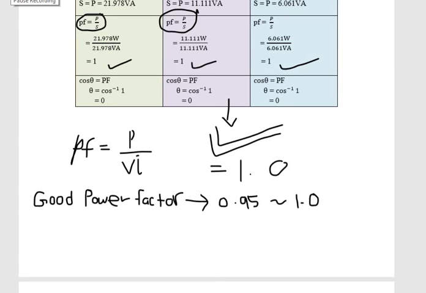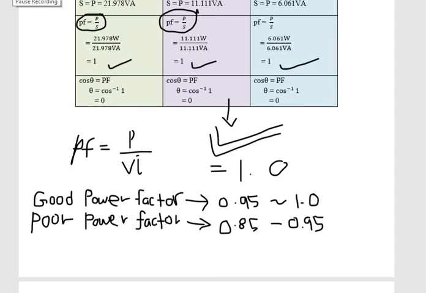The power factor classification can be divided into 3. The good power factor is between 0.95 until 1.0, while poor power factor is ranged between 0.85 until 0.95.